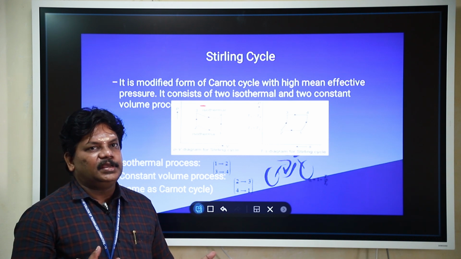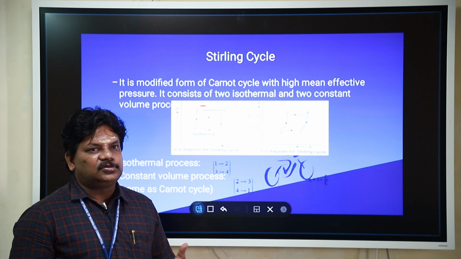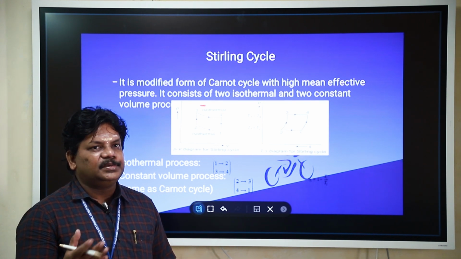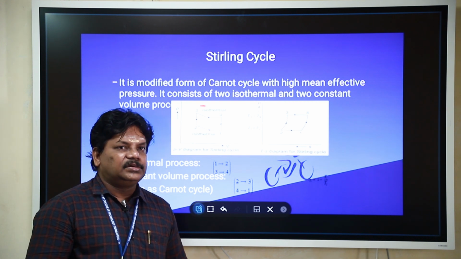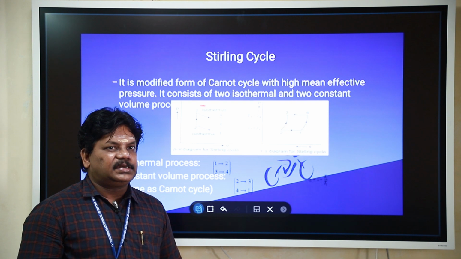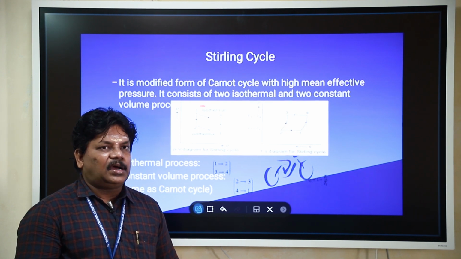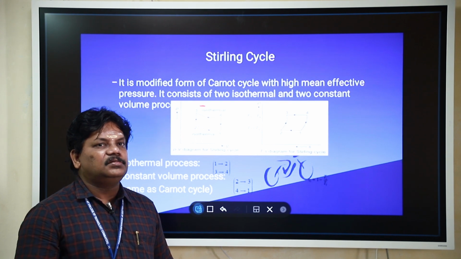Then only you will be able to easily work out statements which are true or not true, and also easily work out the statistical data. When you go for numerical or statistical type questions, you have to work out the problem.